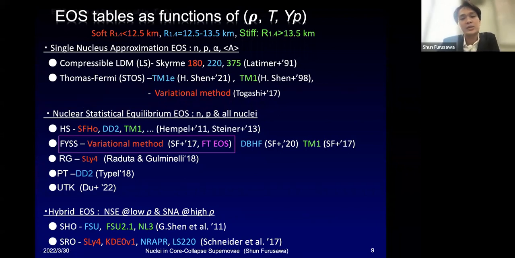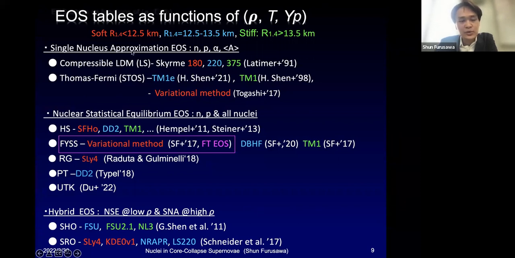And recently, Togashi-san constructed a new equation of state based on variational methods for the nuclear interaction potential, based on nucleon-nucleon scattering data. And this is one of the new equations of state. Regarding the nuclear model, the NSE model is a trend.